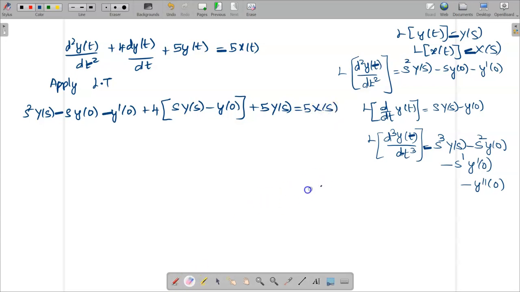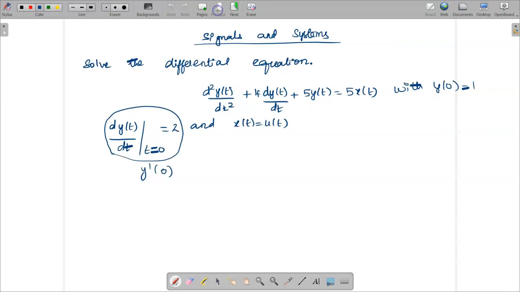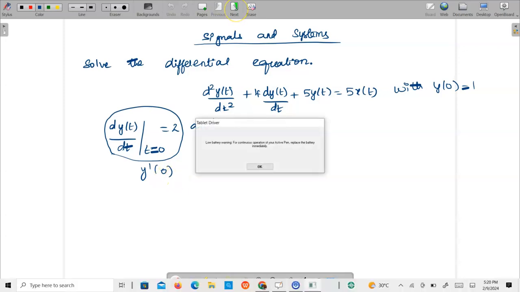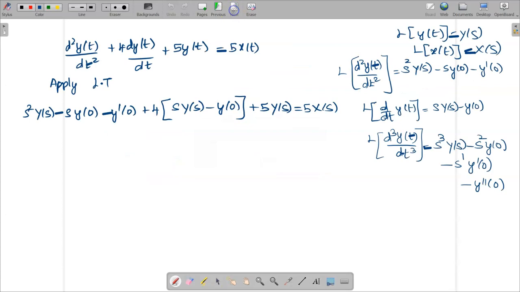Once you have done that, let us separate your y of s terms. For that, substitute the values of y of 0 and y dash of 0. So y of 0 is 1, y dash of 0 is 2.